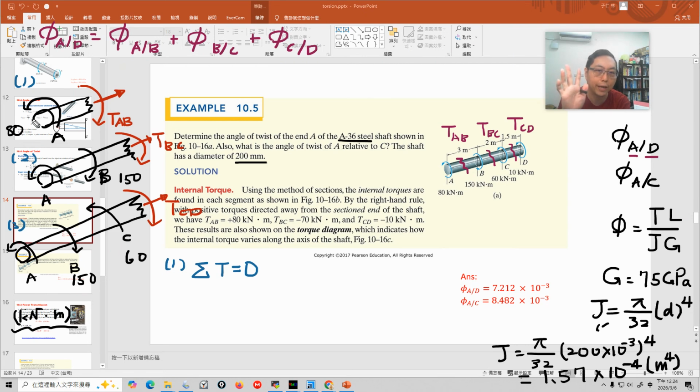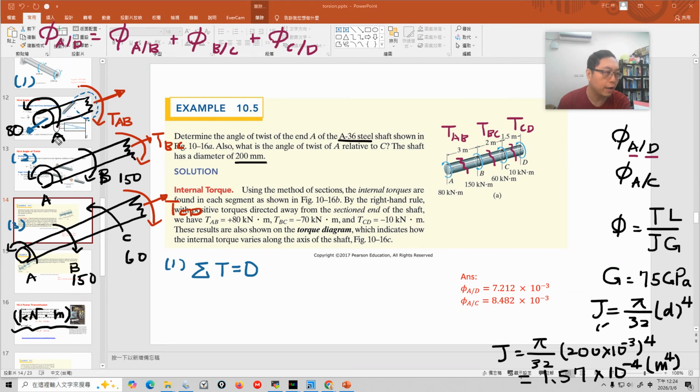Use your right hand. It's rotating in this way, and using the right hand rule, the thumb direction points inward to the surface, because right now our surface is here.